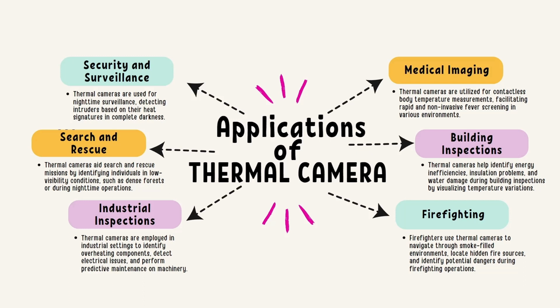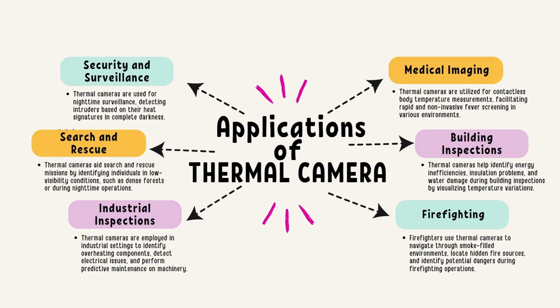Third, industrial inspections. Thermal cameras are also employed in industrial settings to identify the parts of a machine that are overheating and to detect electrical issues, short circuits, and other such electrical problems and perform predictive maintenance on various machinery in the industry. Thermal cameras are also used in the medical industry for medical imaging.